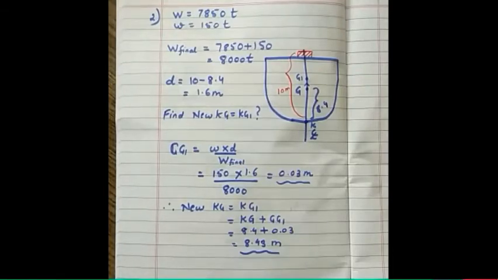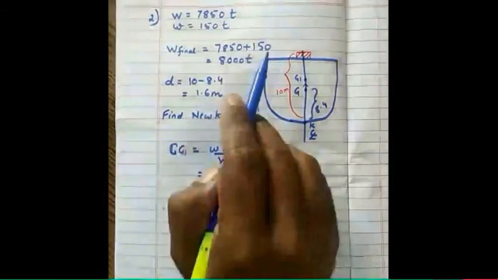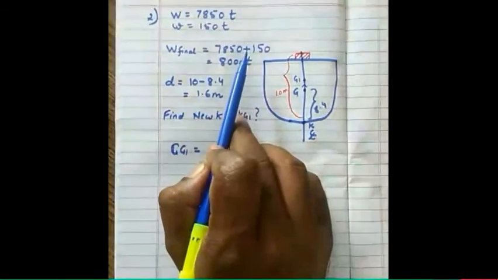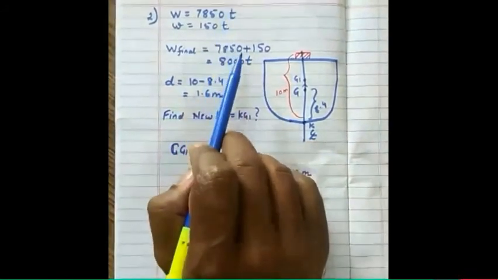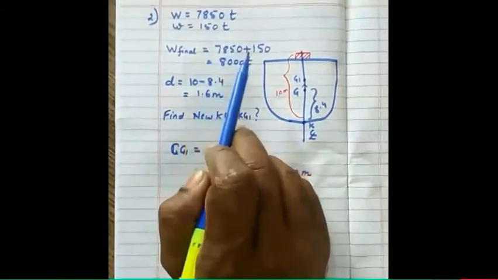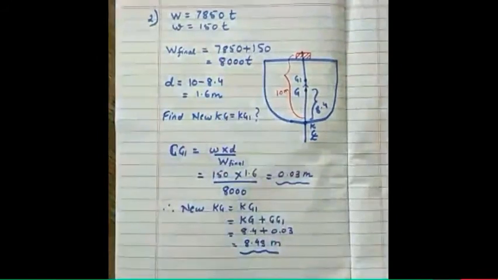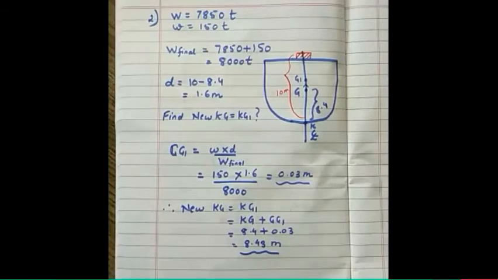So always we are adding small w plus capital W, because in this problem the cargo is loaded. That's why it is plus. If cargo was discharged, it will be minus. And if it is shifted, it will remain the same, just like the previous problem.